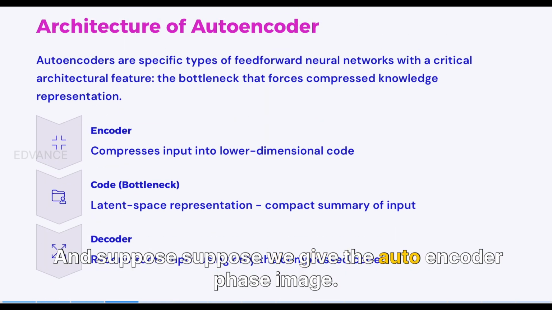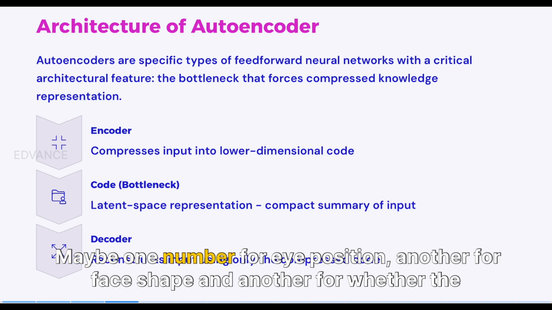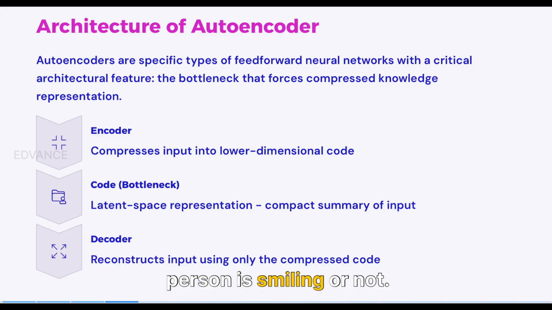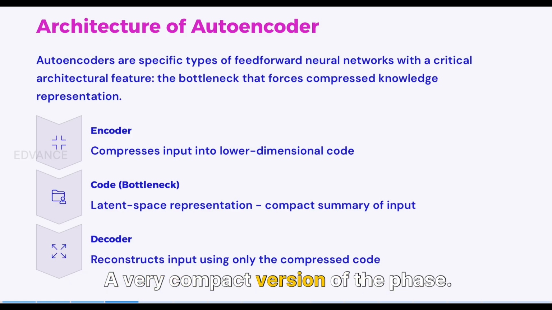Suppose we give the autoencoder a face image. The encoder might compress the face into just a few numbers, maybe one number for eye position, another for face shape, and another for whether the person is smiling or not. The code is nothing but those few numbers, a very compact version of the face.